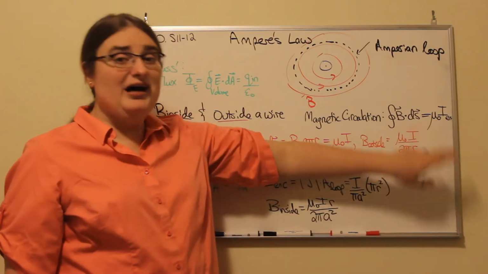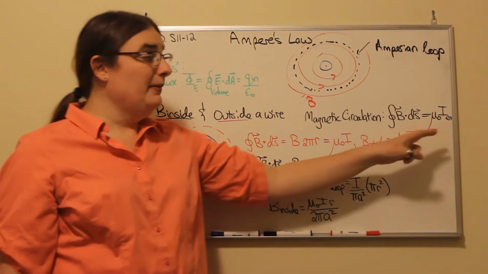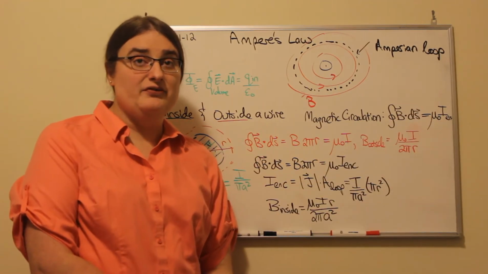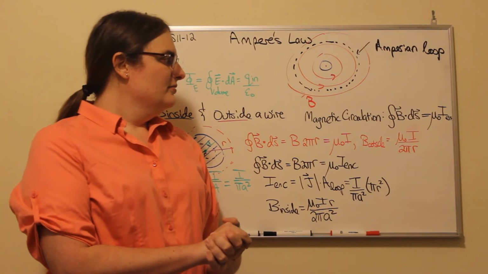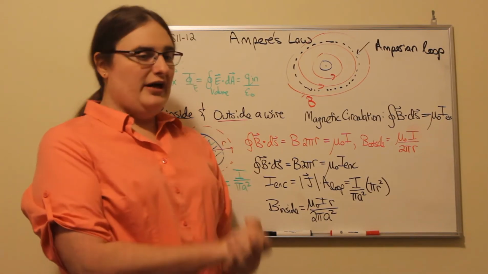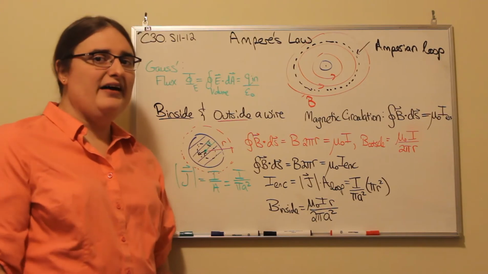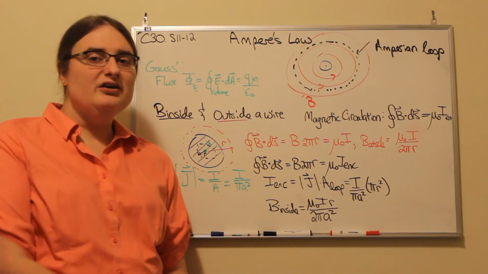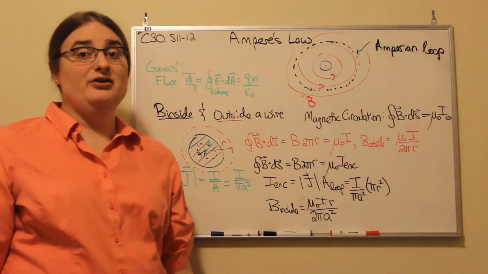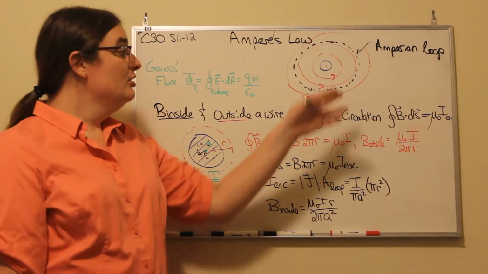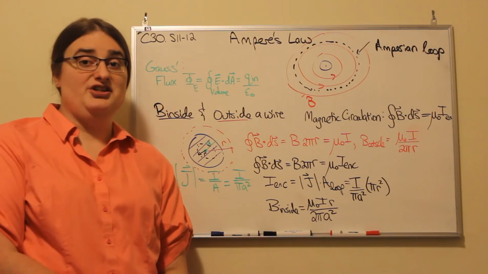And again, mu naught is the permeability of free space, 4 pi times 10 to the minus 7 Tesla meters per amp. Now, if we wanted to use that for figuring out the magnetic field, like Gauss's law, it means we need to rely on either symmetry or rely on the dot product bailing us out of some tricky situations.